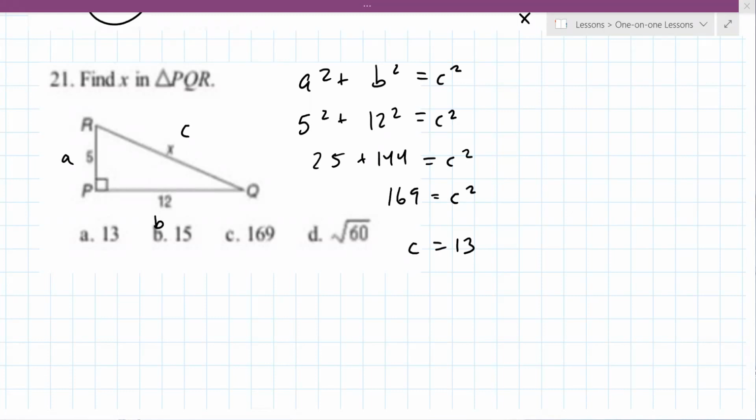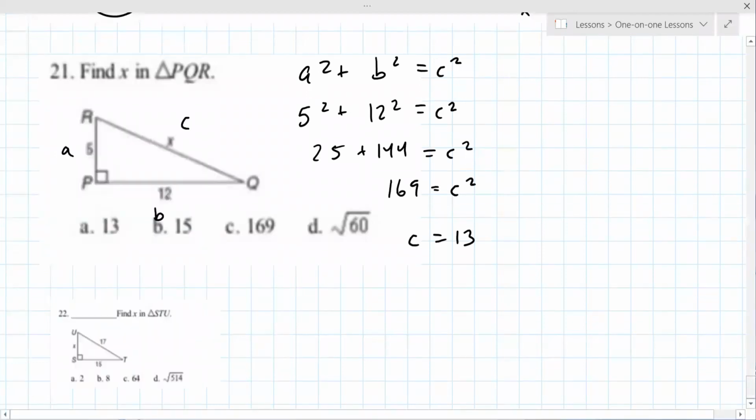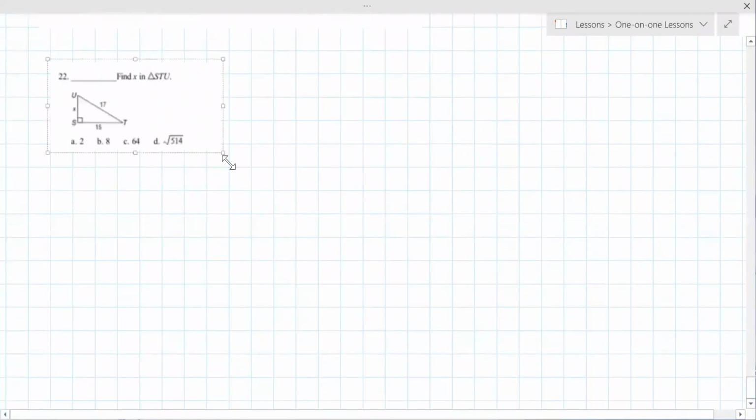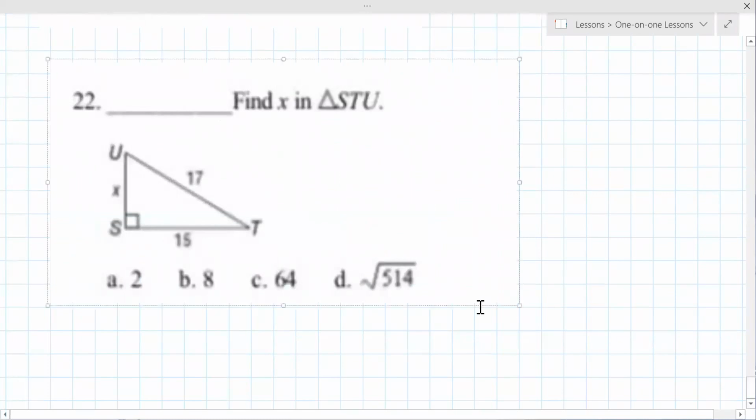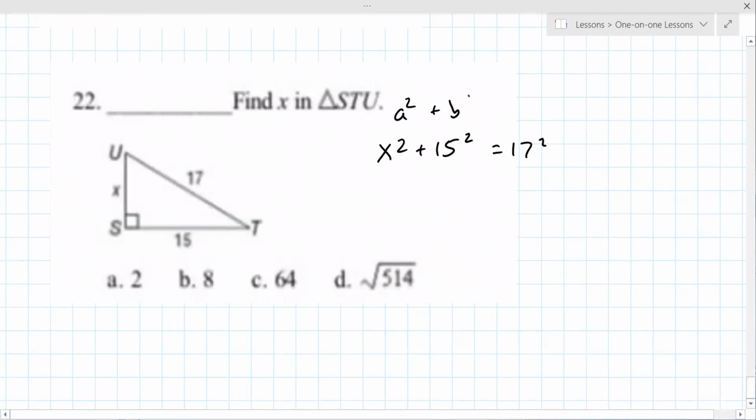All right, moving on to 22. Find x in triangle STU. Again, it's the Pythagorean theorem. You've got x squared plus 15 squared equals 17 squared. That's a squared plus b squared equals c squared. Will you go ahead and solve that for me, please?